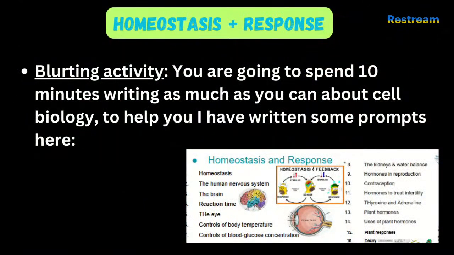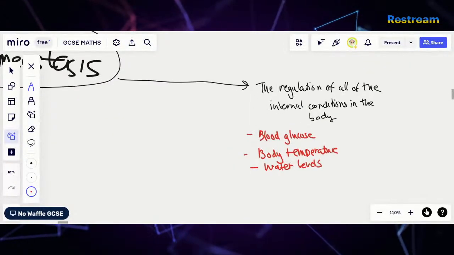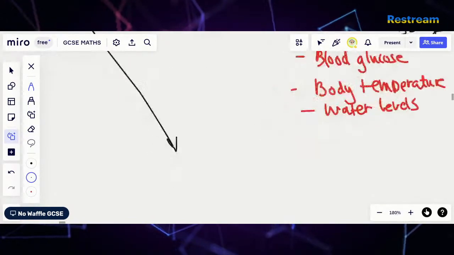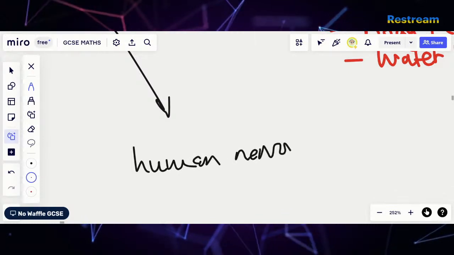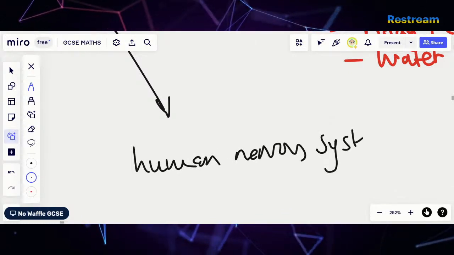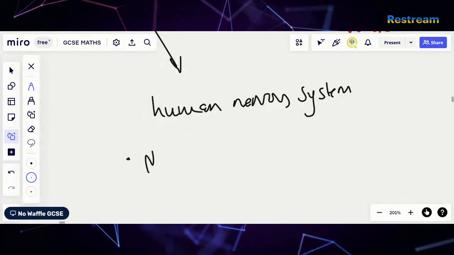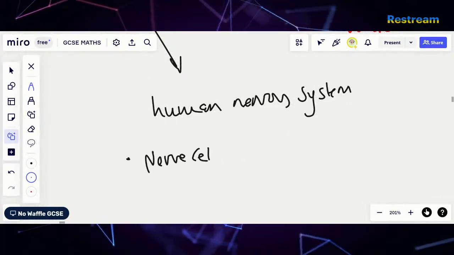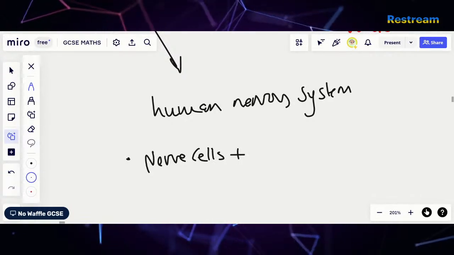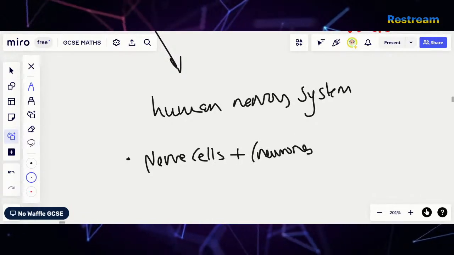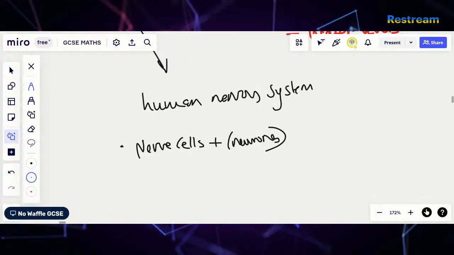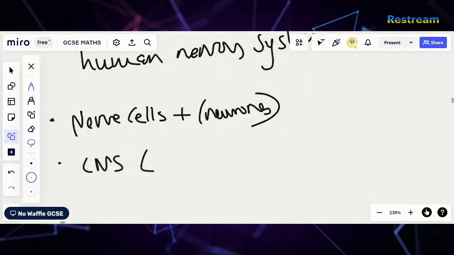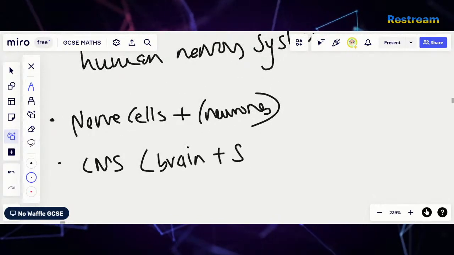Now we then have to know, as it says on the list, about the human nervous system and then the reflex arc. So, the human nervous system is comprised of nerve cells, which we call neurons, and we have the CNS, which is comprised of the brain and the spinal cord.